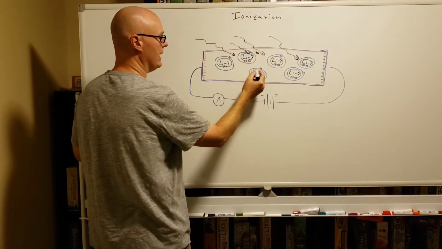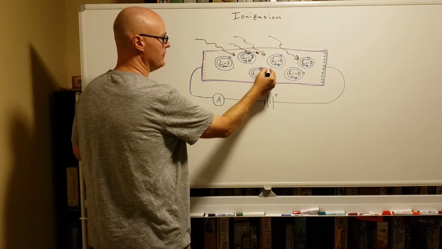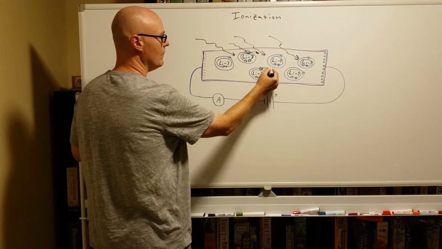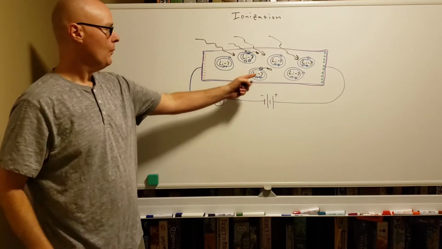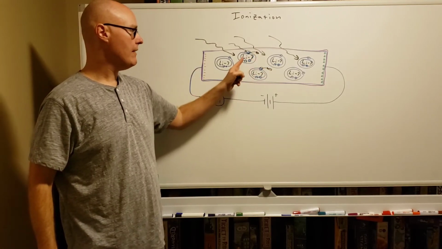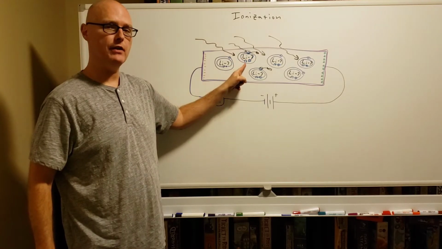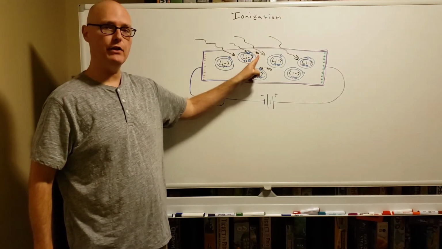Maybe that guy gets free, maybe this guy gets free. Once this is free, now I have a positively charged lithium ion and a negatively charged electron.